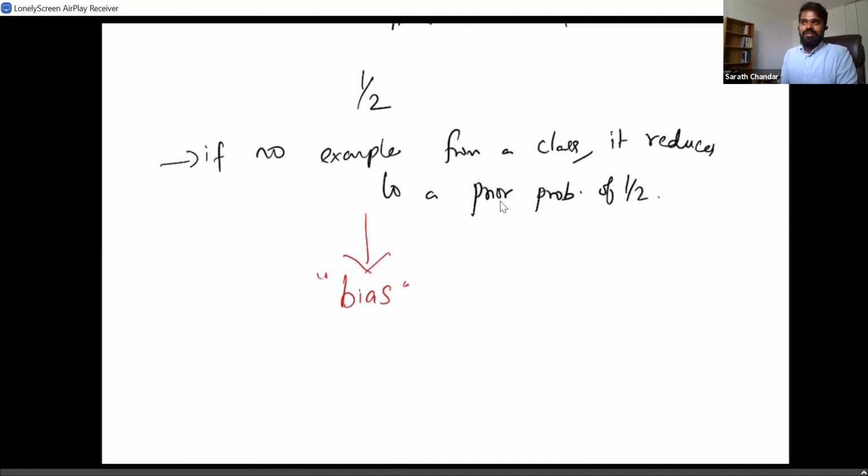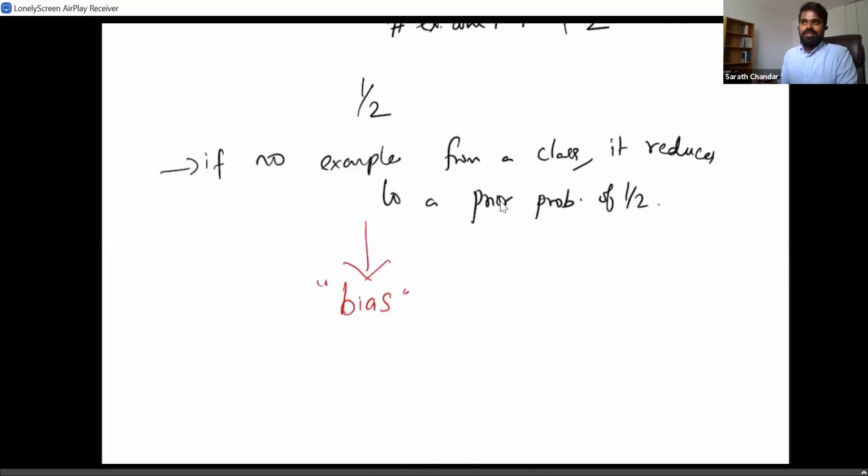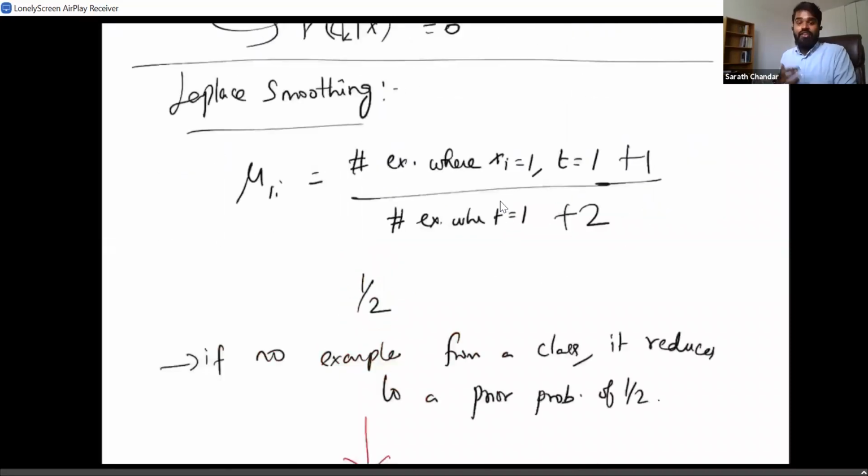As you see more and more examples, as this number becomes higher, the probability is going to shift. For example, let's say I have seen 100 politics documents and I haven't seen the word football at all.